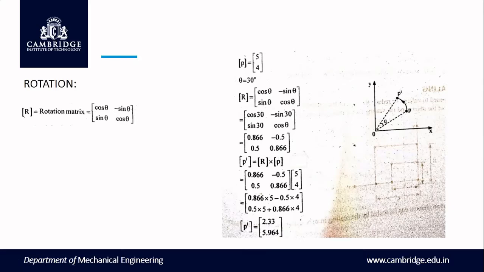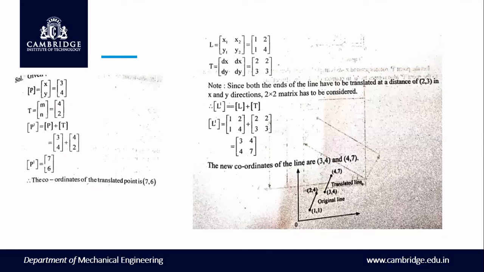Okay, similarly you can rotate the line also. That is, if x1 y1 and x2 y2 are given, a similar problem we can take. x1 y1 is given as 1 1, and then x2 y2 they have given as 2 4. Okay, and then the theta value they have given as 60 degree.